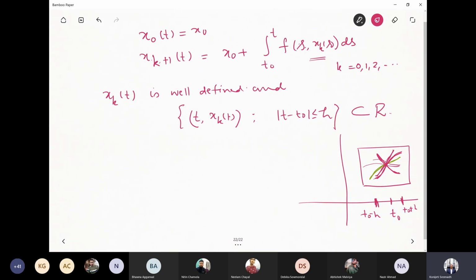The idea of why we need this is that I can talk about f(t, x_k(t)) minus the next one, and if I want to estimate this, I can use Lipschitz continuity, because I assume that f is Lipschitz continuous in the rectangle. Therefore, these variables have to be within the rectangle. So for that, we show this. So this is the first step.